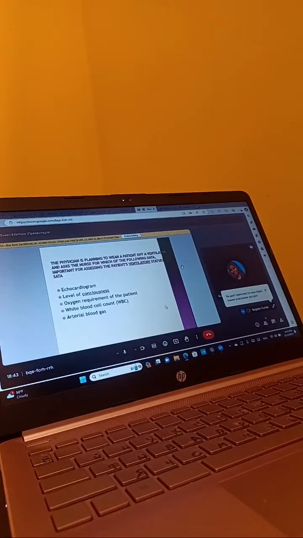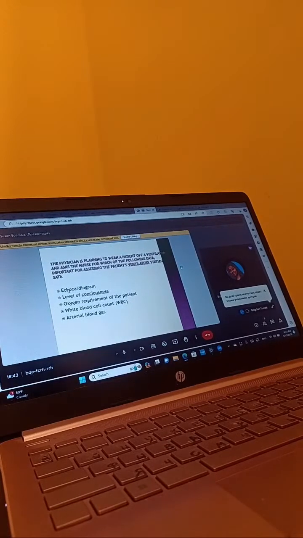So the doctor is planning to wean the patient and is asking the nurse for the ventilatory status. In other words, what are the criteria for a person to be weaned from the ventilator?